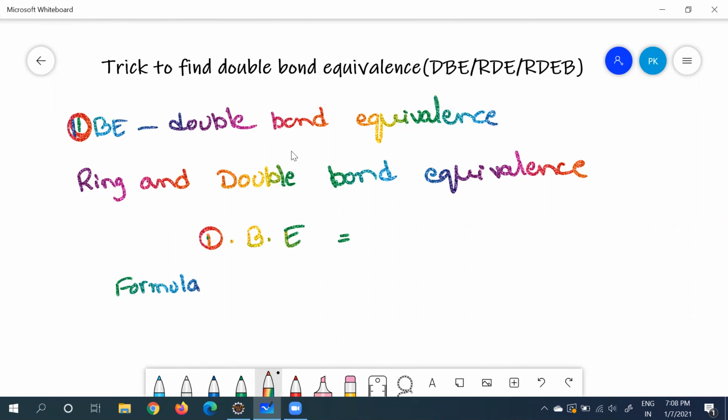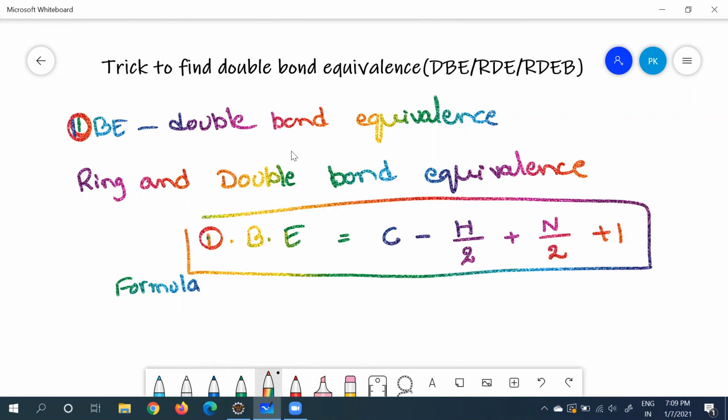You need to know the number of carbons, hydrogens, and other atoms in that organic molecule. So DBE is equal to number of carbon atoms minus number of hydrogen atoms divided by 2 plus number of nitrogens divided by 2 plus 1. This is a simple equation, or you can say trick, that you can remember easily.